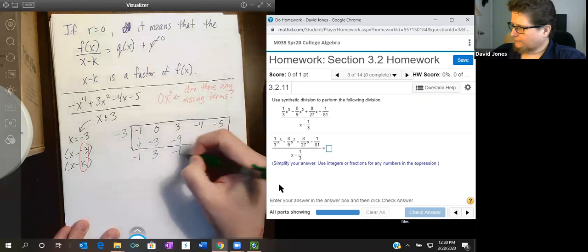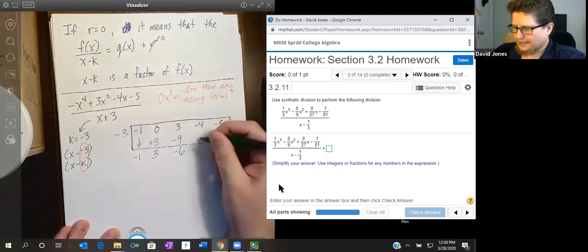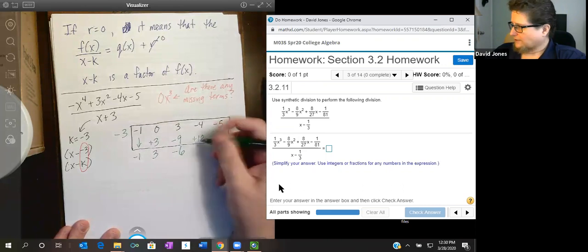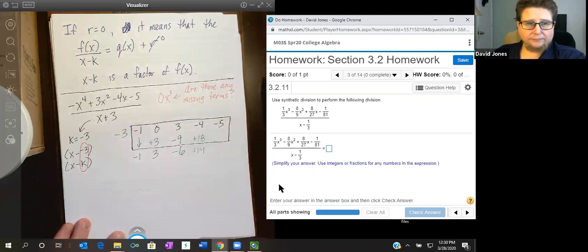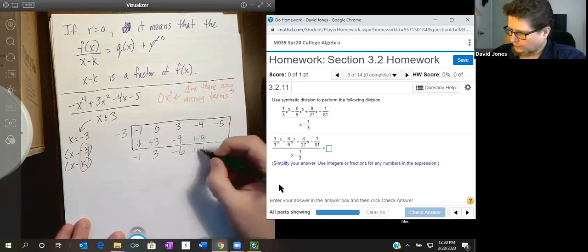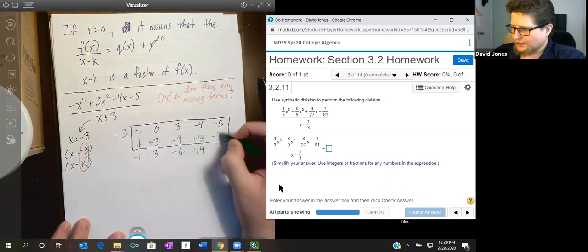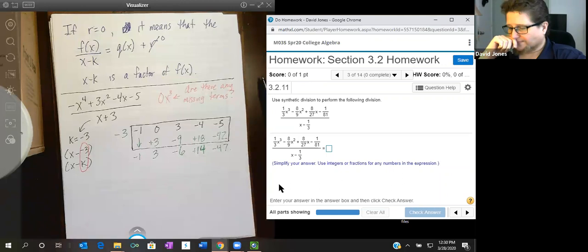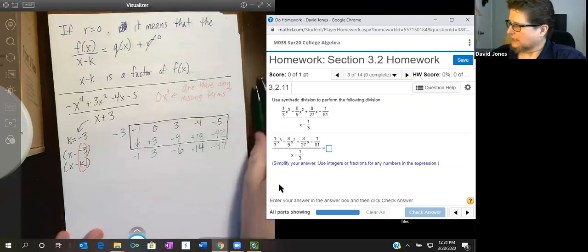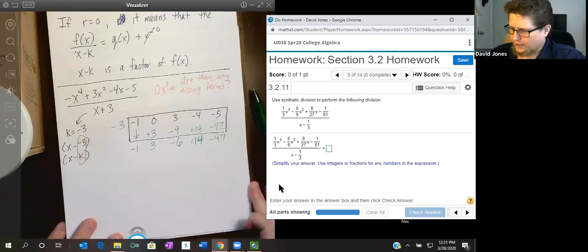I add it. -3 times -6 is +18, which gives me a 14 here. And -3 times 14 is -42, leaving me -47. So this is my remainder.